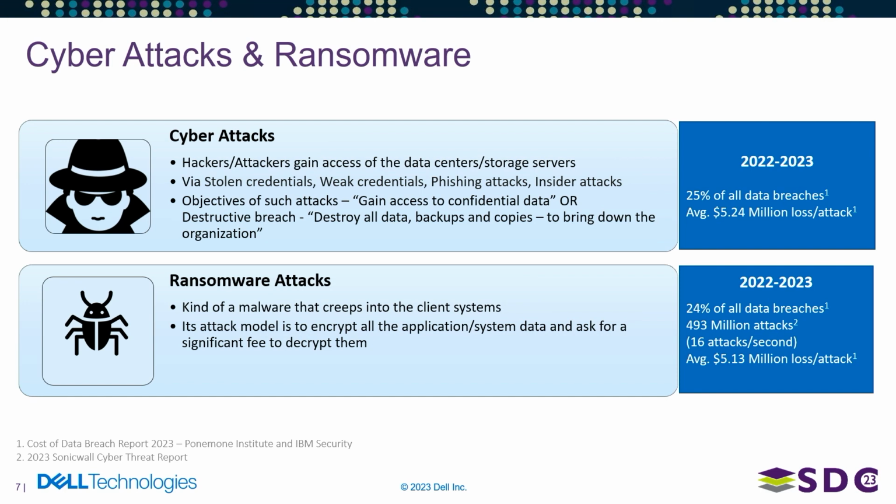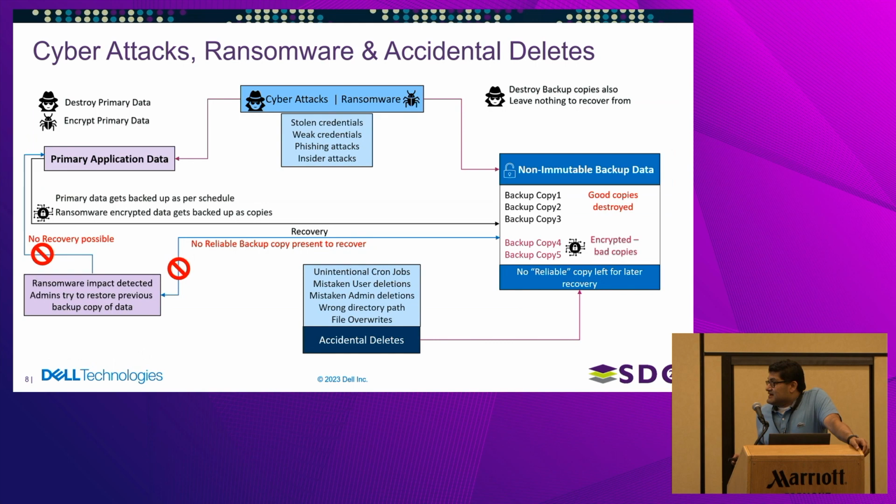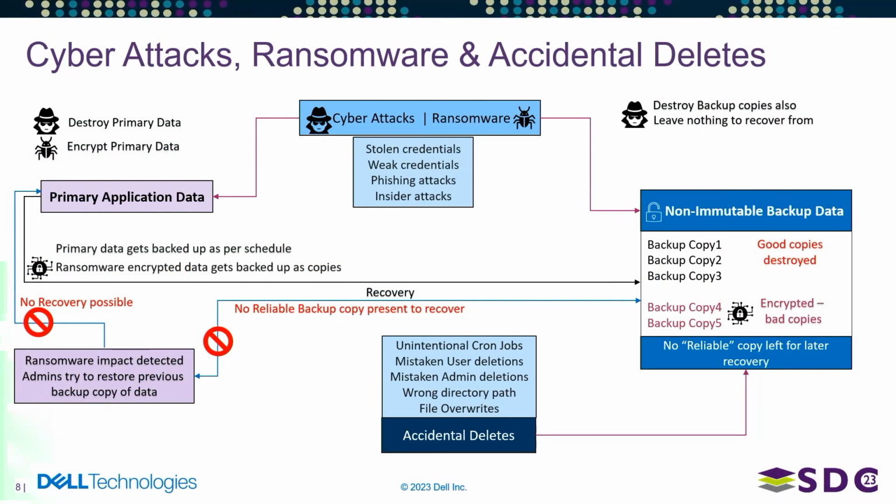Then they want money to decrypt it. And even here, the average loss is about $5 million per attack. So this is a very common way.